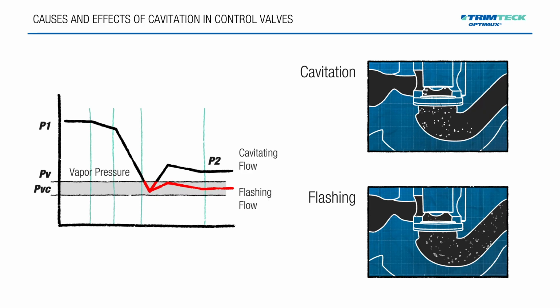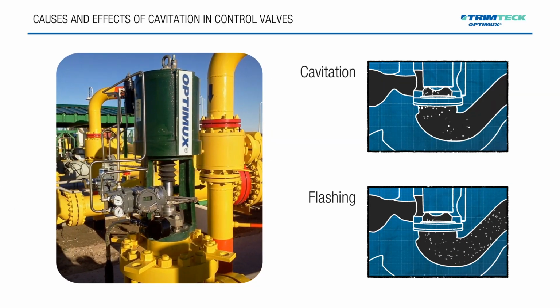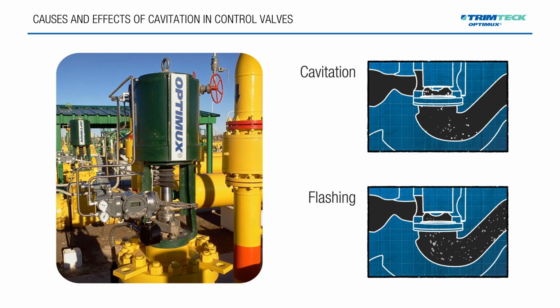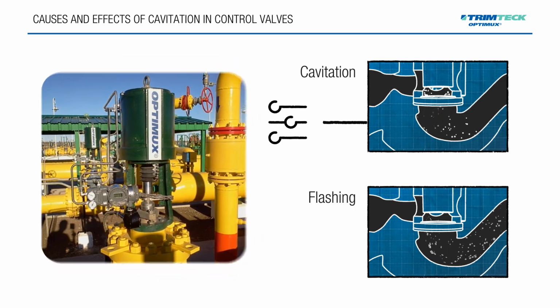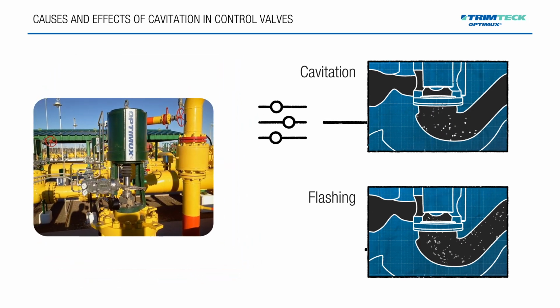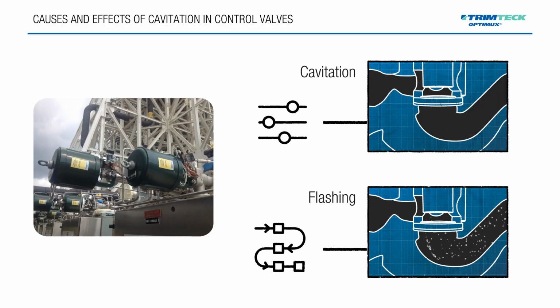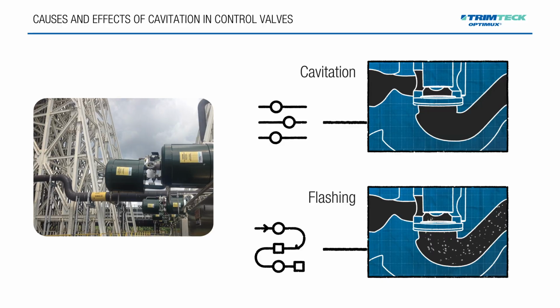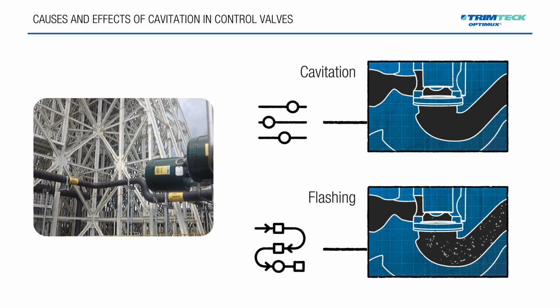Both are undesirable, but flashing is even more erosive because those high-velocity droplets continuously strike surfaces downstream. We'll see that the approaches to engineering a valve for each of these services are very different. Cavitation can often be controlled or eliminated. Flashing is often an inherent requirement of the process and cannot be effectively eliminated without changes to the process conditions.